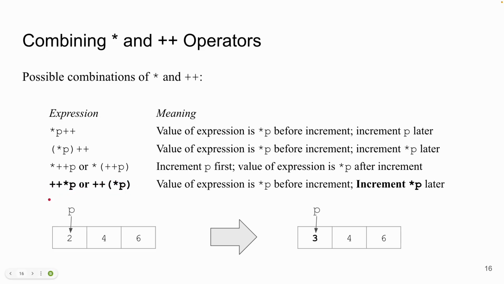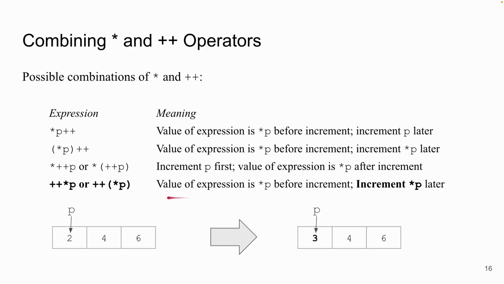Okay, so let's go back to the final expression here. The final expression just changes the order of the indirection operator and the increment operator. This expression can be seen as this one, so the thing inside the parentheses will be evaluated first.